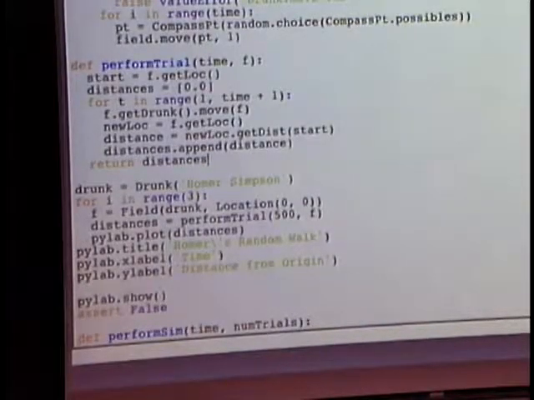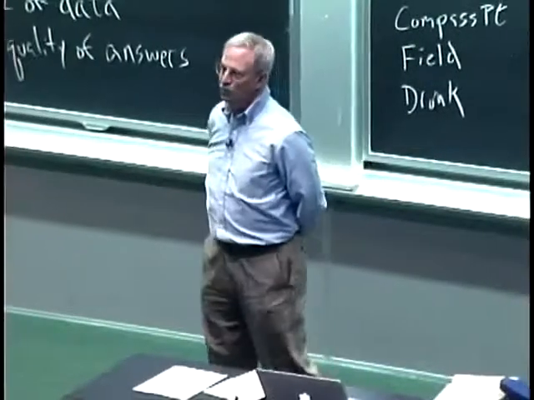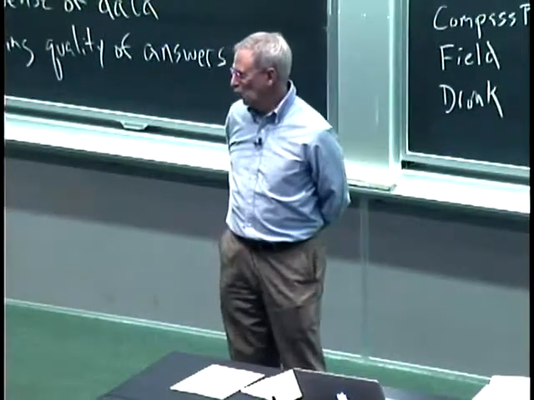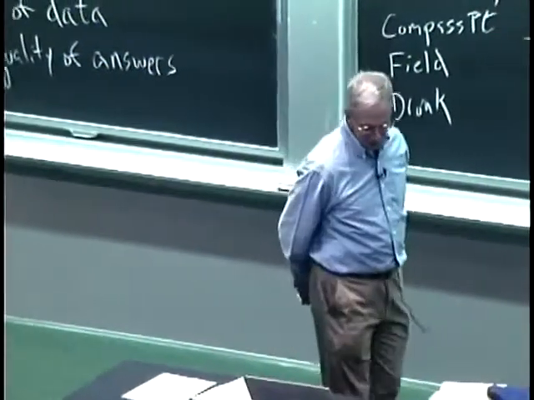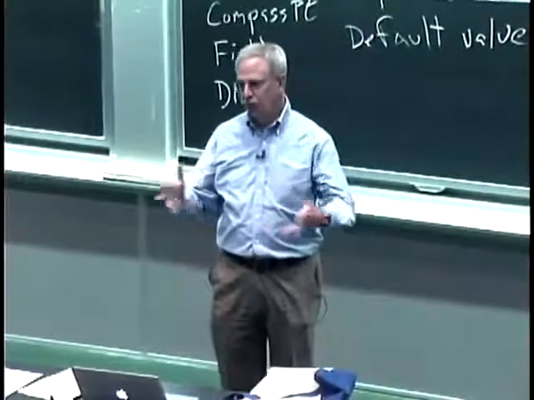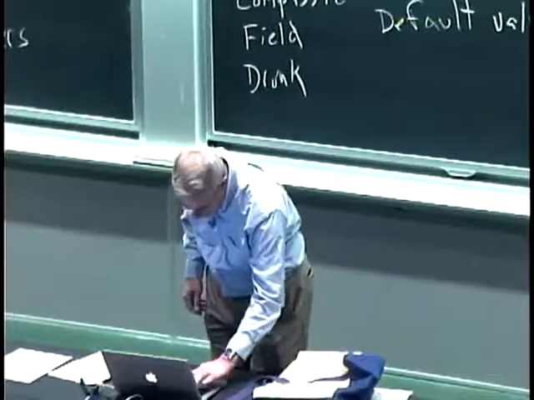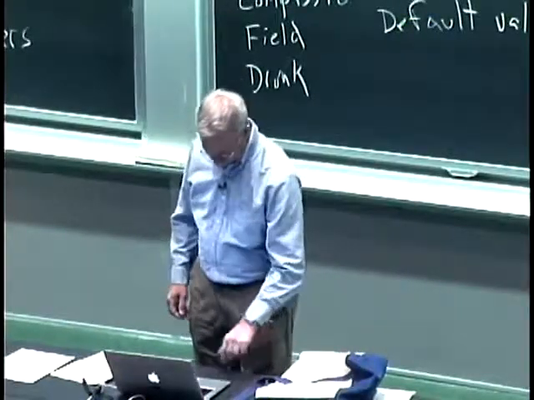And the rest of it is magic you don't need to understand, because we'll come back to it next lecture, which is how do I put all this in a pretty picture. So ignore all of that for now, that's just the PyLab stuff for plotting the pictures. All right, we're there. Let's run it.